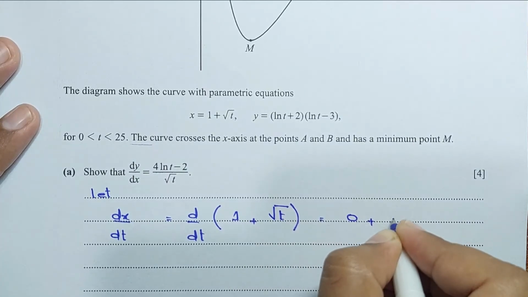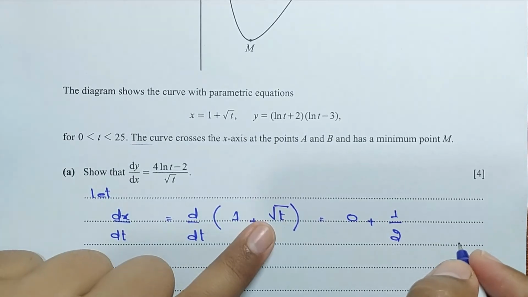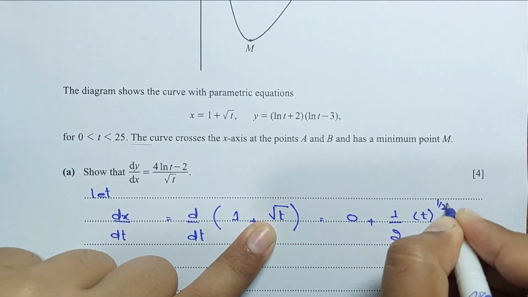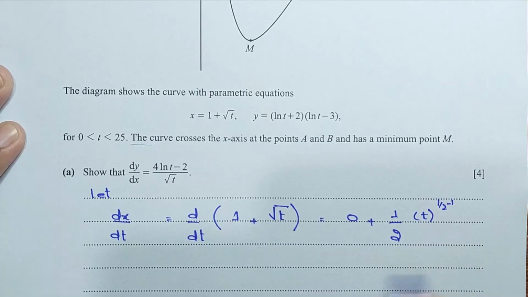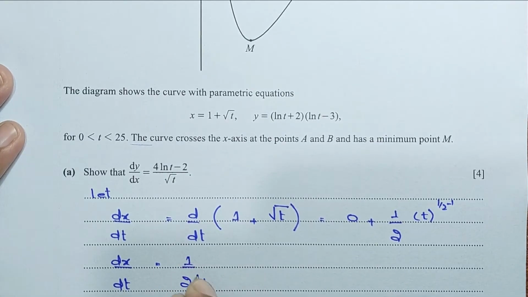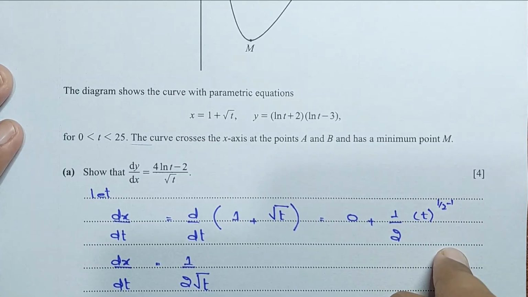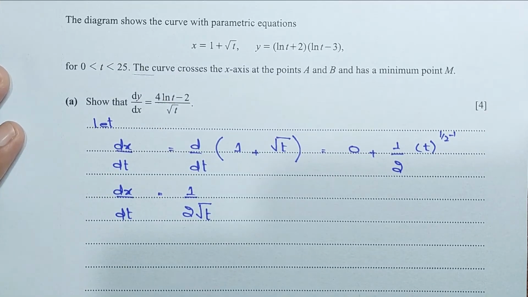The derivative of square root of t is 1 by 2, applying the power rule: the power is 1 by 2, the base is t, so the power becomes 1 by 2 minus 1, and the derivative of t is 1. Okay, so dx over dt is equal to 1 over 2 square root of t, because 1 by 2 minus 1 is negative 1 by 2, and the negative power shifts to the denominator, so t to the power positive 1 by 2 becomes square root of t.